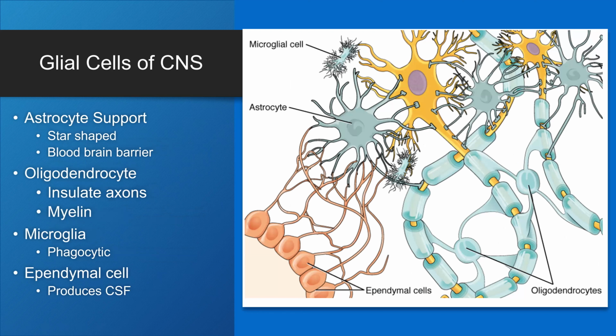Now, glial cells. Those are supporting cells that nourish neurons, protect neurons, and provide a framework for the nervous system.